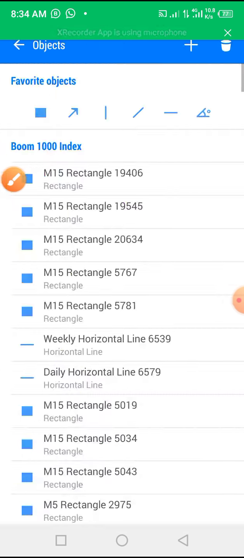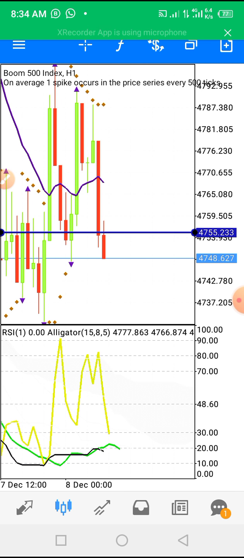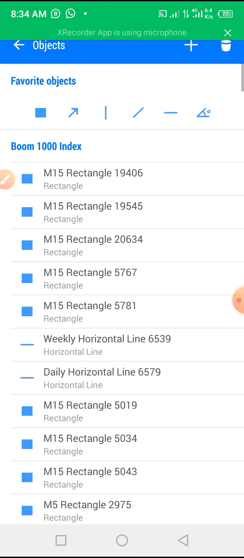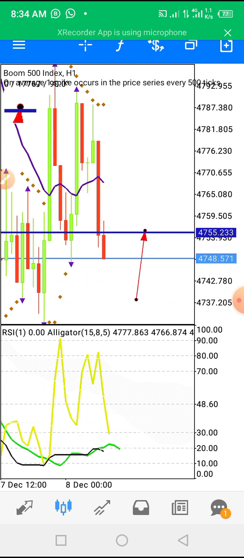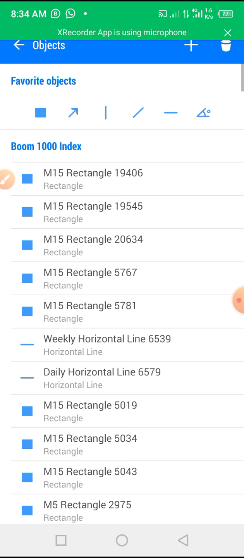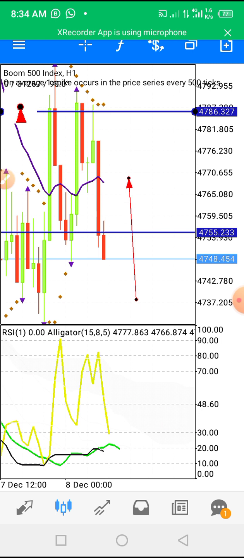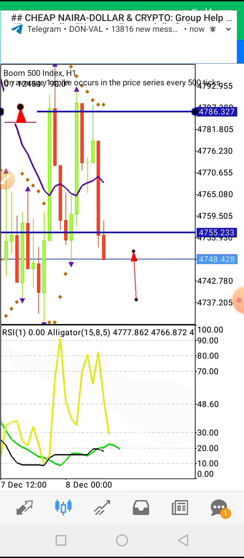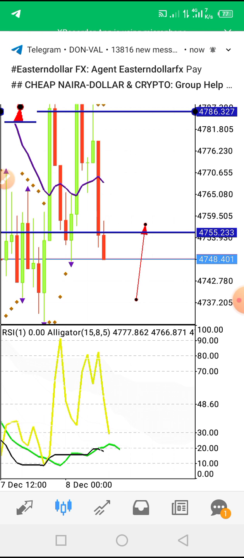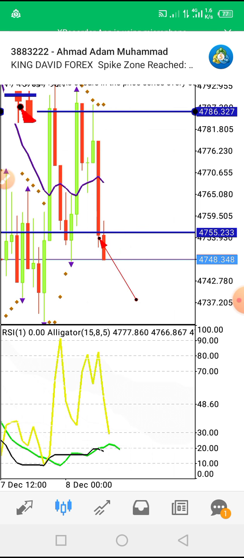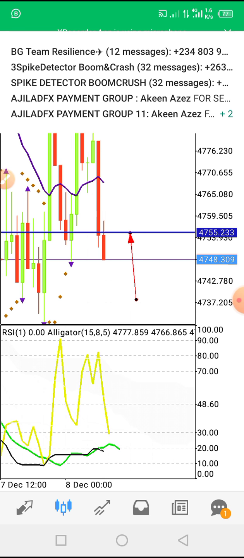If you put the stop loss here, and the market eventually spikes and ends your loss here, it's different from when you put no stop loss and the market spikes and reaches here. If it costs you $3 from here to here, then from here to here it will cost you up to $9. Do you understand? So it's good to put a stop loss, but you must know where to put it.